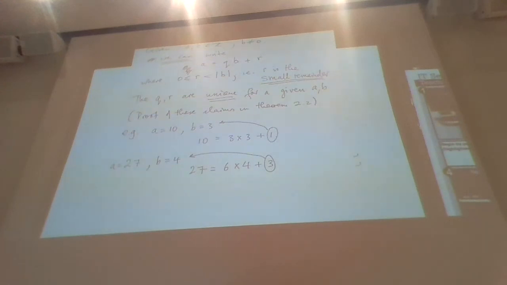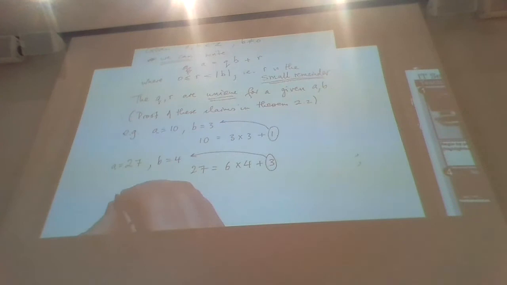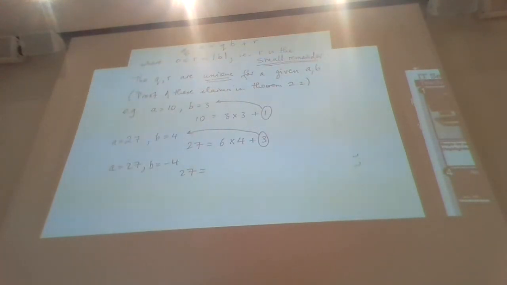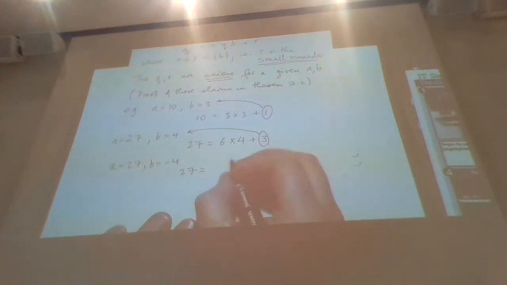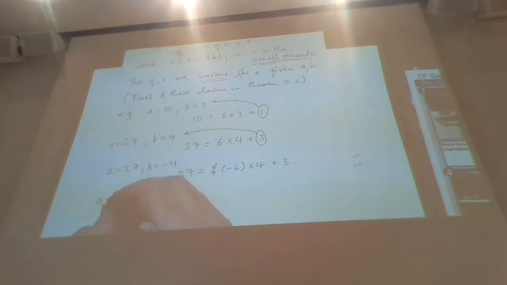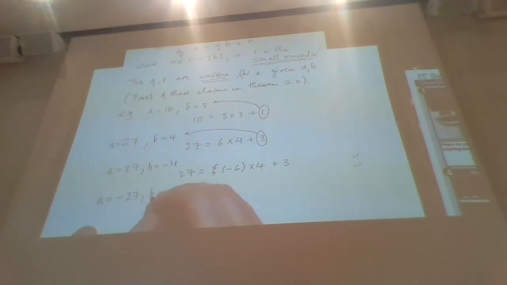It looks slightly quirky if one of the numbers is negative. The request is that the remainder is always non-negative. Say A was minus 27 and B was 4.